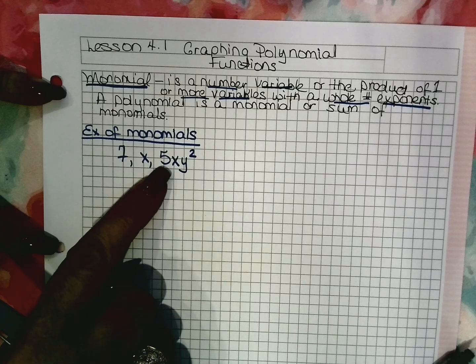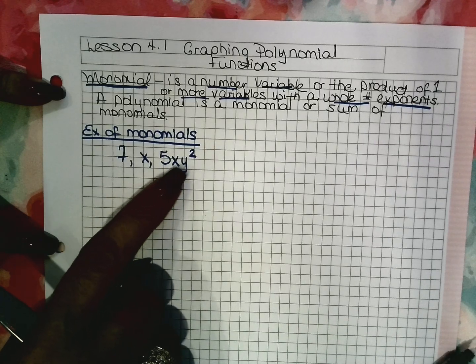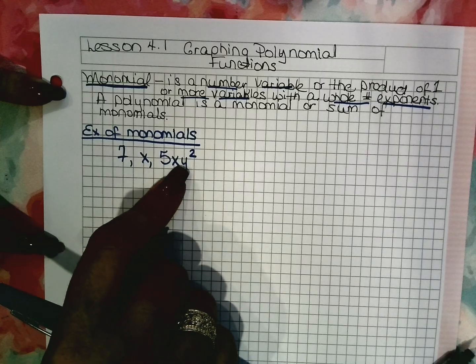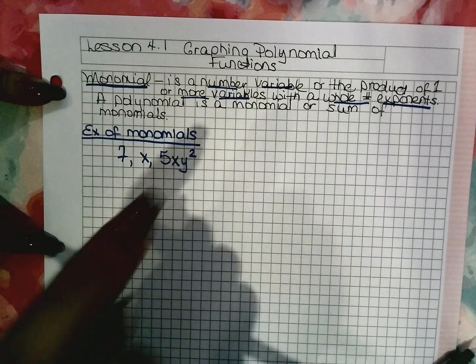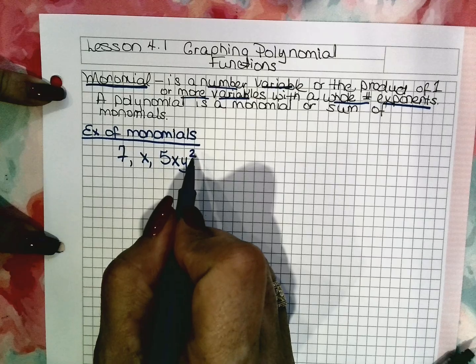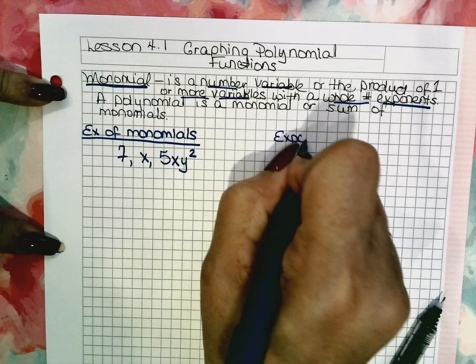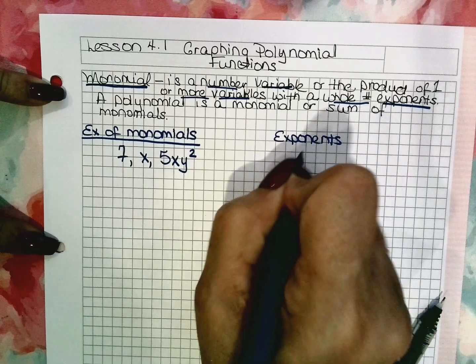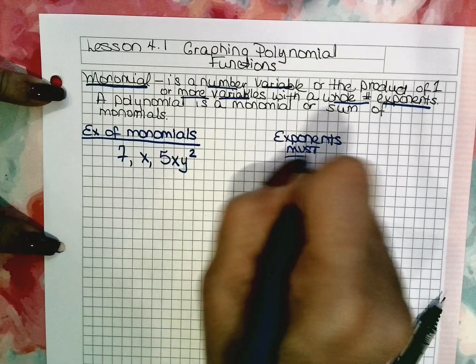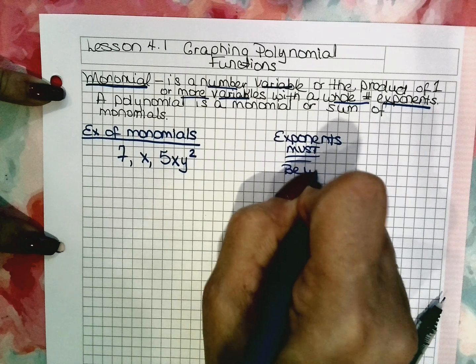You have a number, you have variables with whole number exponents. That's very, very important. Your exponents must be whole numbers. So let's write that down. Exponents must be whole numbers.